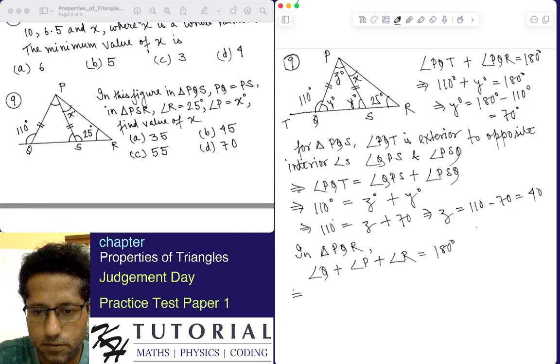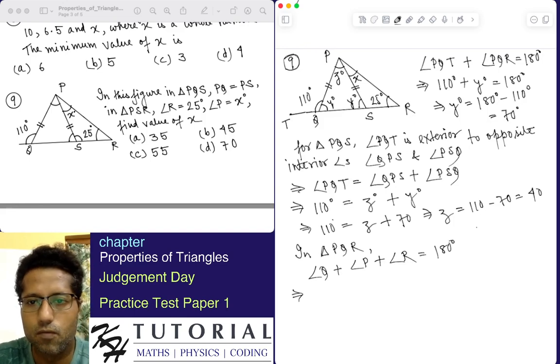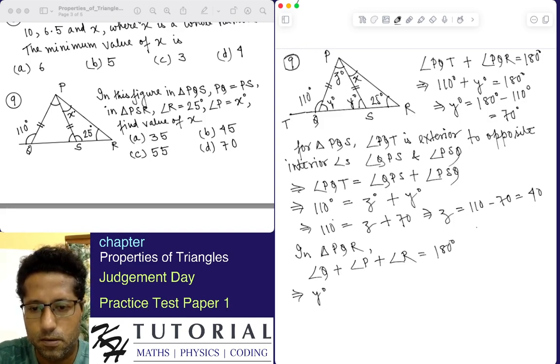Angle Q is y degree, angle P is z degree plus x degree, and angle R is given to be 25 degree.